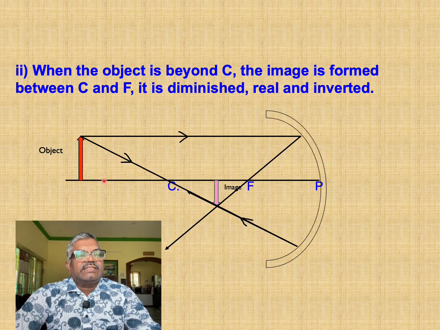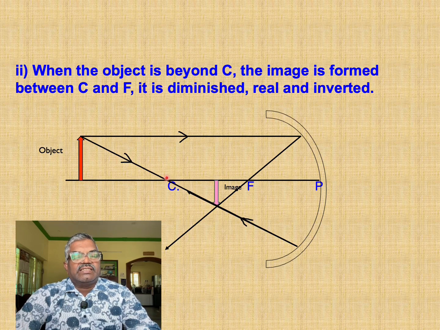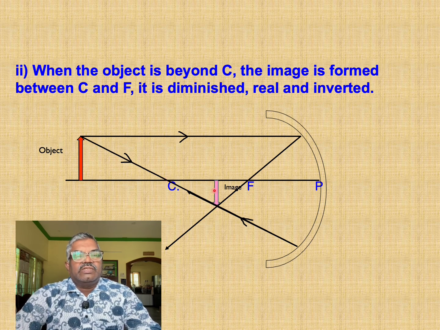And the second one is the ray which passes through C. After reflection, it will reflect back along the same path. Therefore, in the same line it will reflect back. Both the rays will meet at this point, so you can draw the image here.